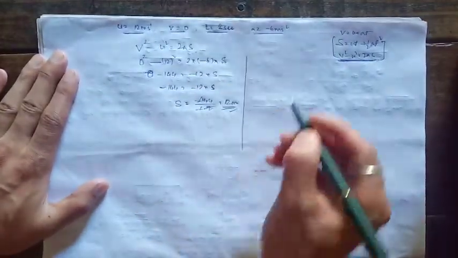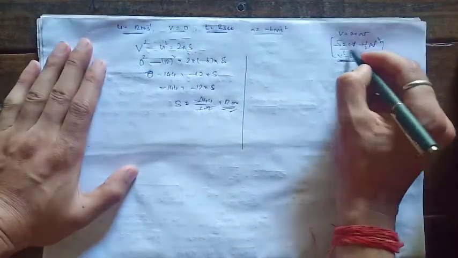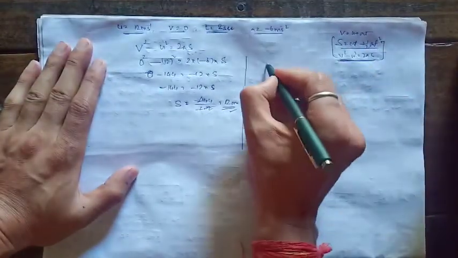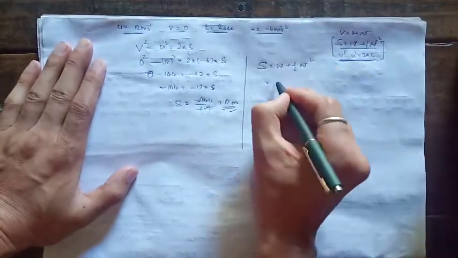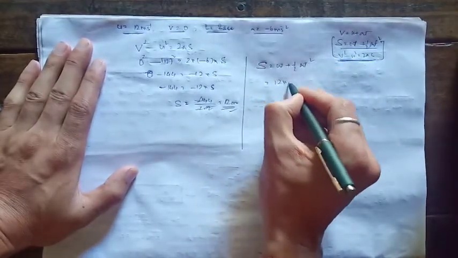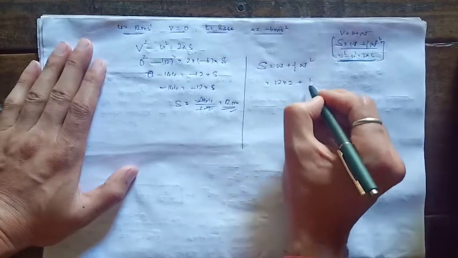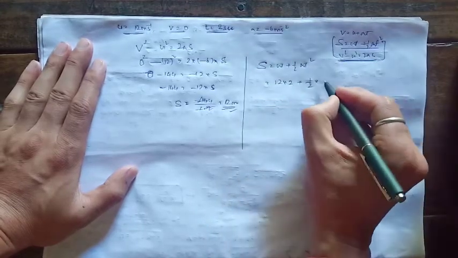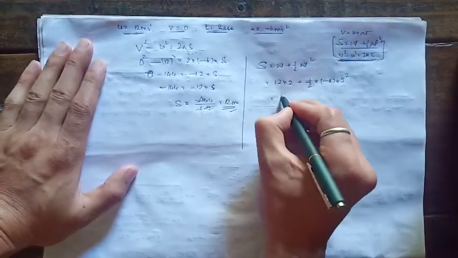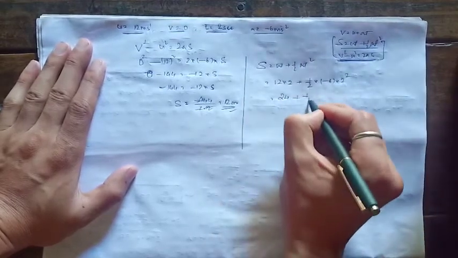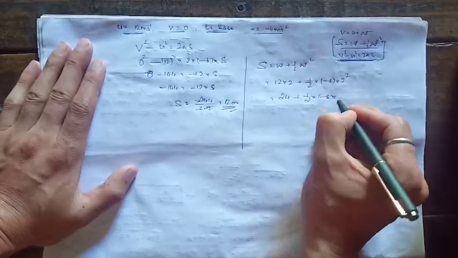Now student, we can also use this equation to calculate the distance. Let's find out. S is equal to UT plus half AT square. U is 12. Time is 2, plus half into acceleration, which is minus 6, and time is 2 square. So 24 plus half into minus 6 into 4.